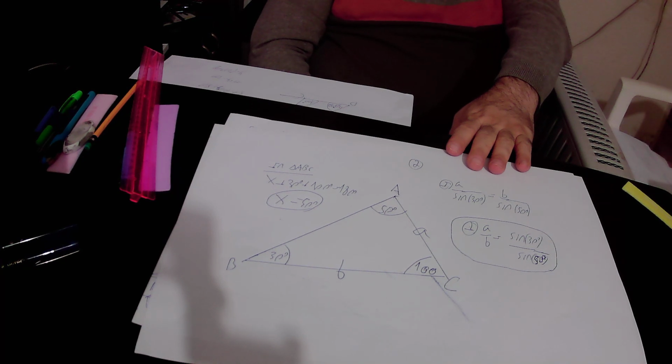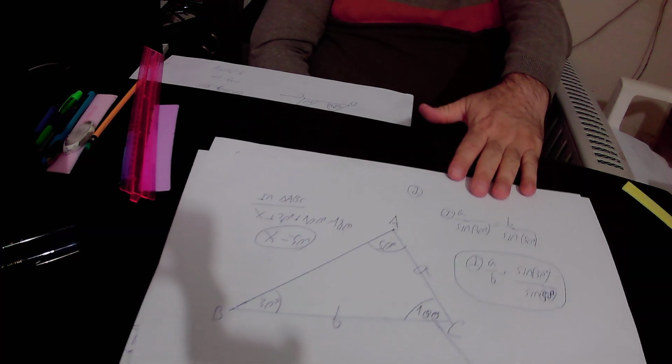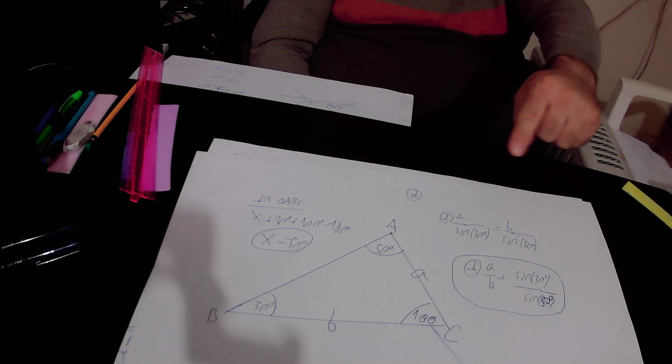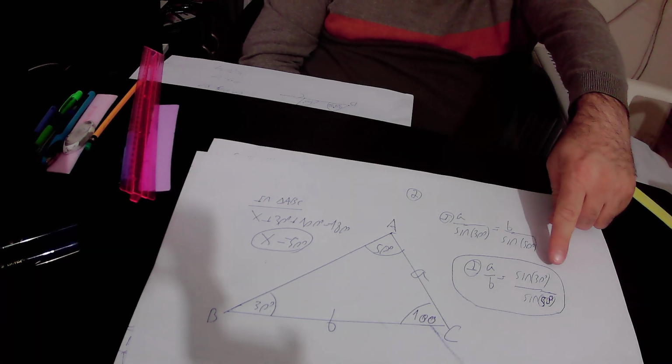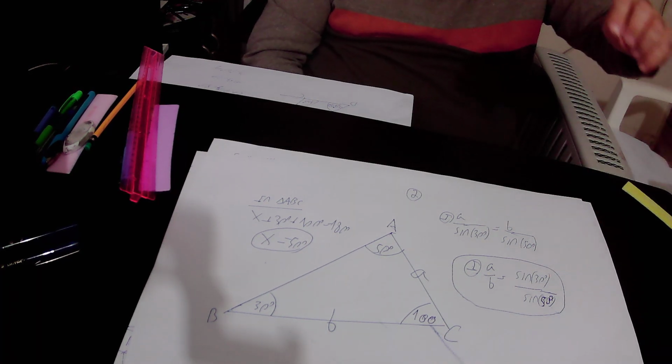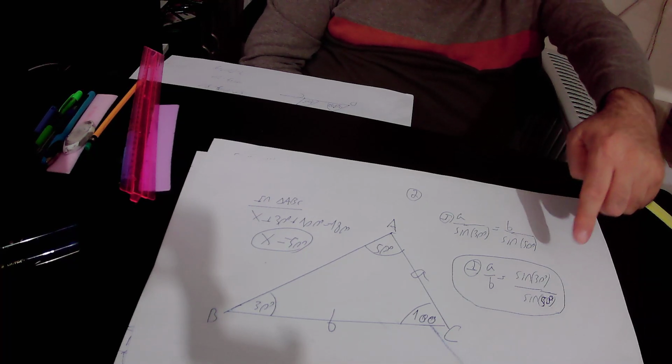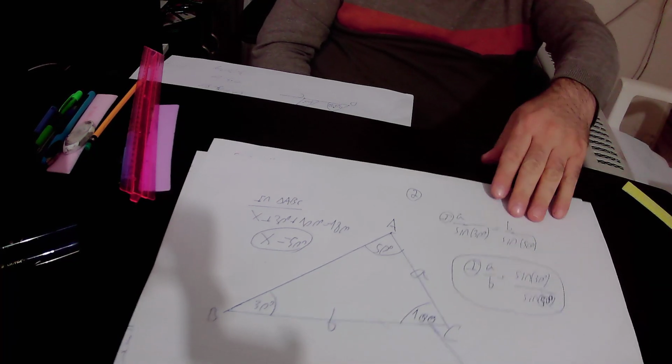This is equation number 1. Here we divided equation number 1 by B, and we multiplied it by sine 30 degrees, and we got that A over B equals sine 30 degrees over sine 50 degrees. Again, according to equation number 1, A over B equals sine 30 degrees over sine 50 degrees.